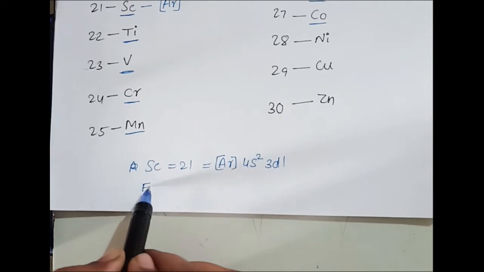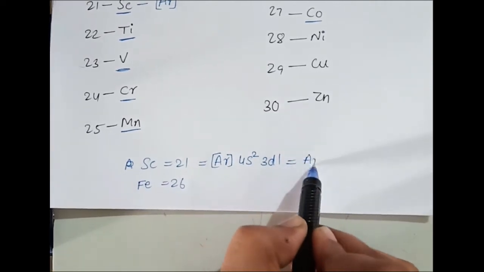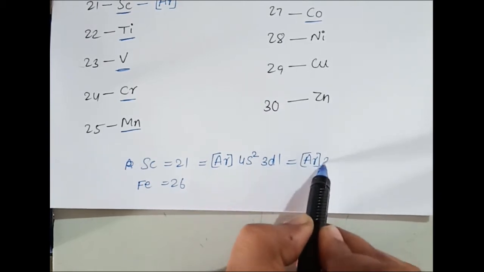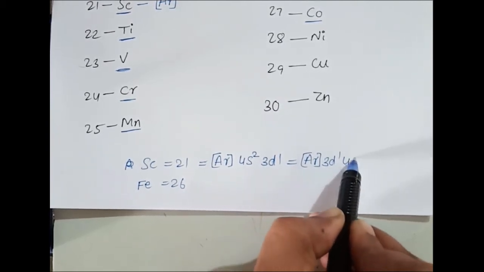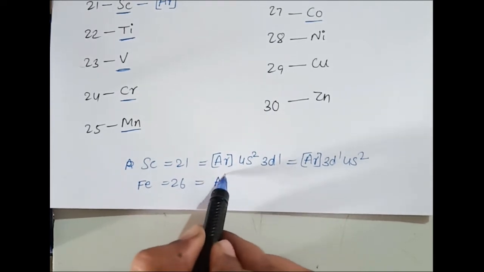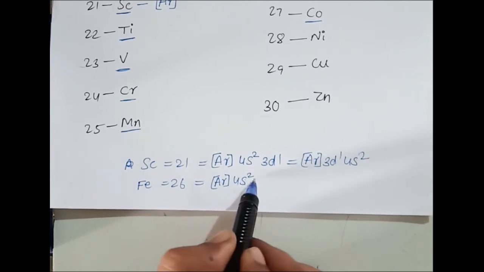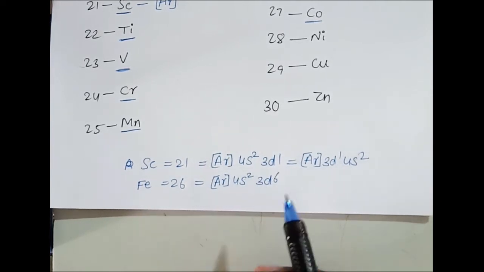Similarly, suppose iron, number 26. Here I am writing argon 3d. Iron 26: argon 18, then 4s2, that is 20, and 3d6, 26.